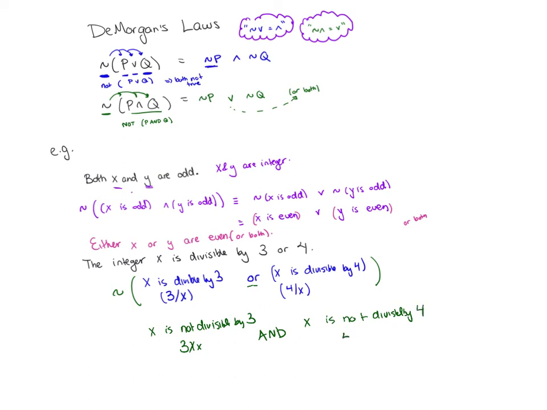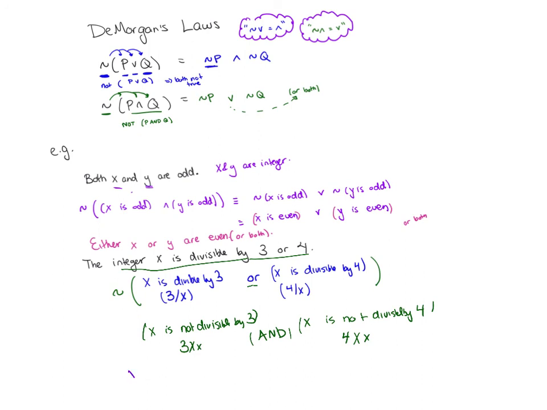So 4 does not divide x. So those are what that negation would be, right? If it's not the case that it's divisible by 3 or 4, then it's not divisible by 3 and it's not divisible by 4.